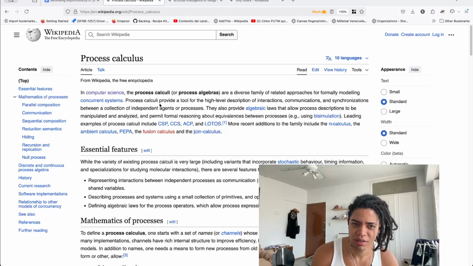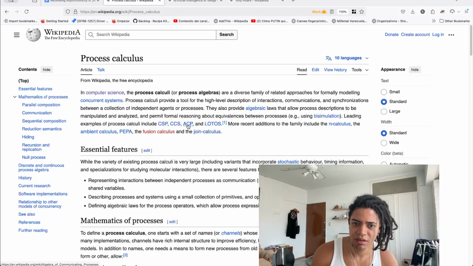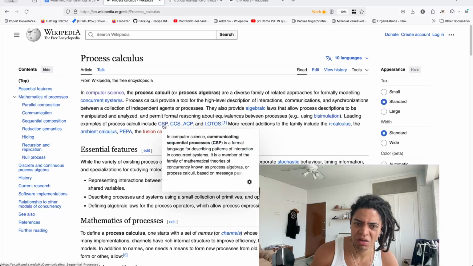CSP is one of them, and then you have now CSS, ACP, and Lotus. That's interesting, and this is also something that is now in extreme demand in all of this fintech, right?